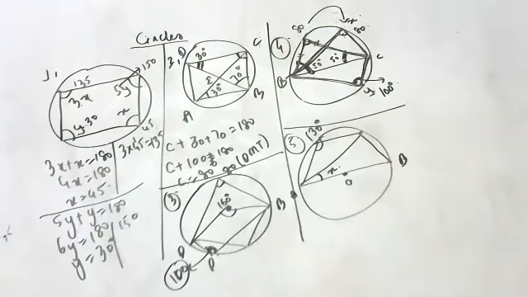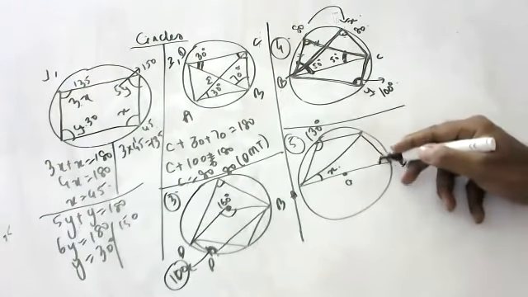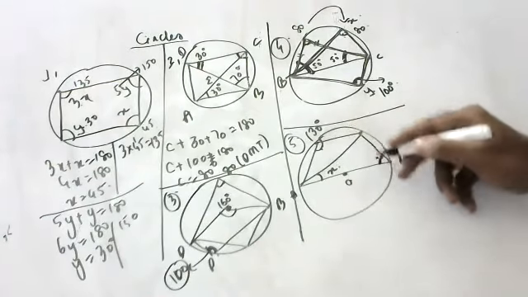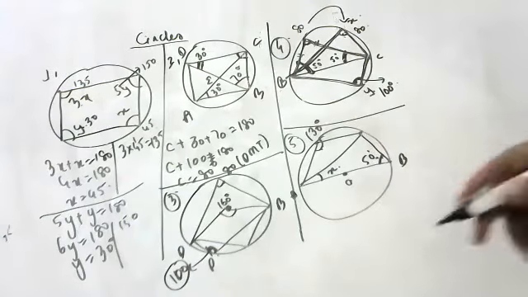Varsha, are you there? Yes, sir. If this is 130, how much will this be? 50 degrees. Why? Angles in a cyclic quadrilateral are supplementary.